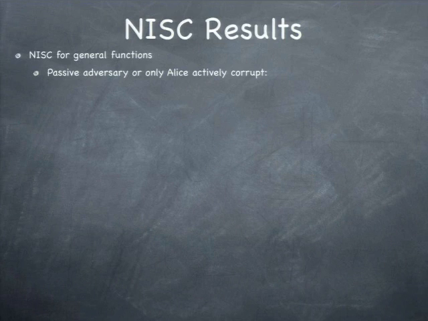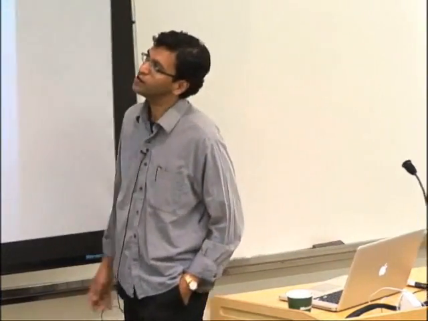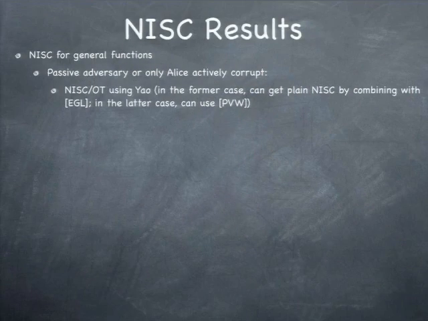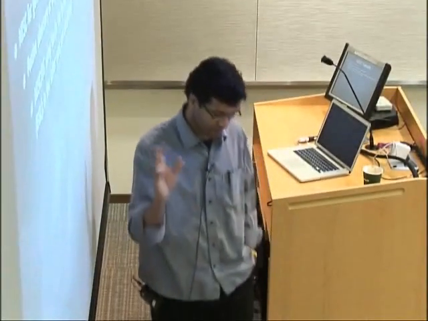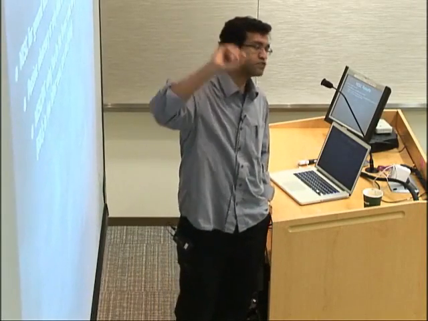So if you're only worried about passive adversaries, where both parties follow the protocol honestly, or even if you are worried about Alice, the receiver, being actively corrupt, then Yao's garbled circuit is good enough. The protocol I mentioned in the beginning, I said it's secure if you assume passive adversaries.